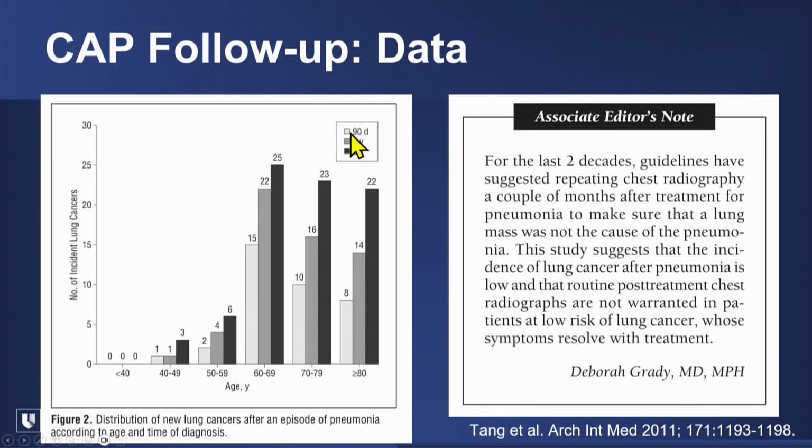If we just look at the bar for diagnosis of cancer within 90 days, which is here, you can see that in the under 50 age group, it was infinitesimally small, and it increased once you got up to age 60. This led the associate editor of the Archives of Internal Medicine to opine that routine post-treatment chest radiographs were not indicated in patients with low risk for lung cancer and whose symptoms resolve with treatment.